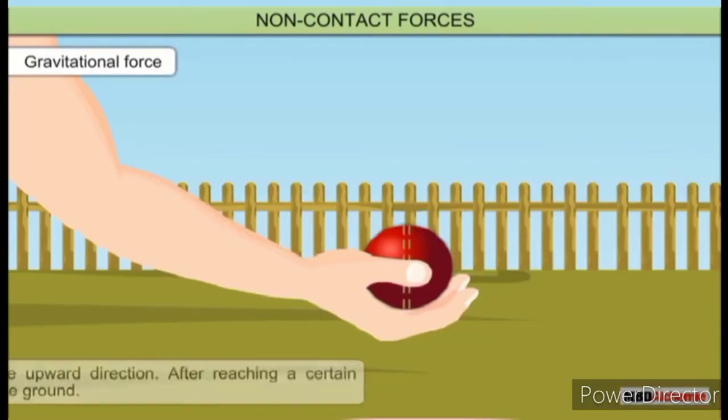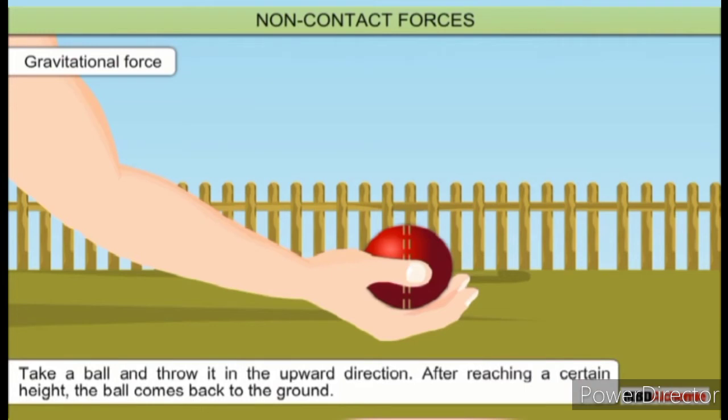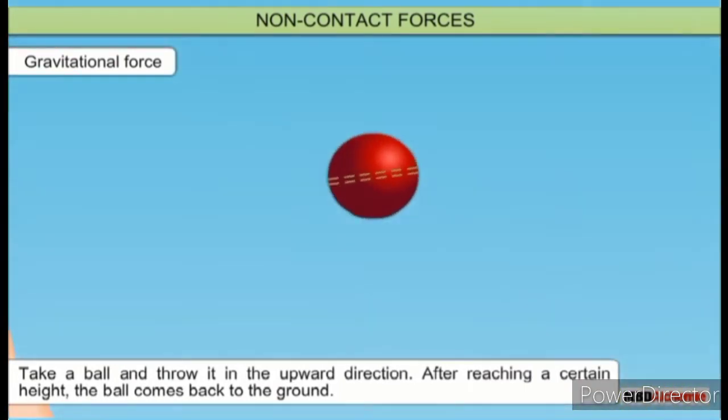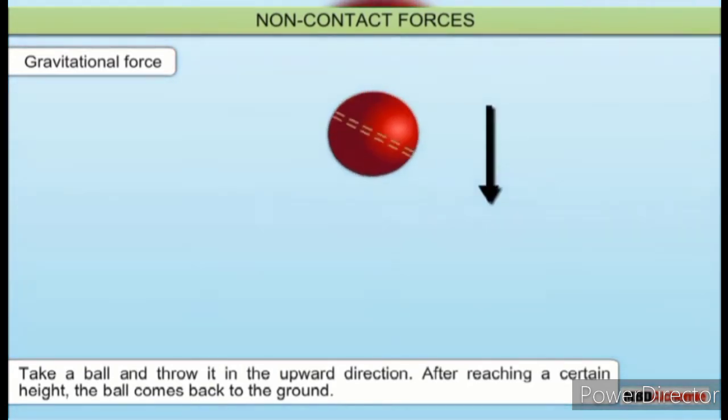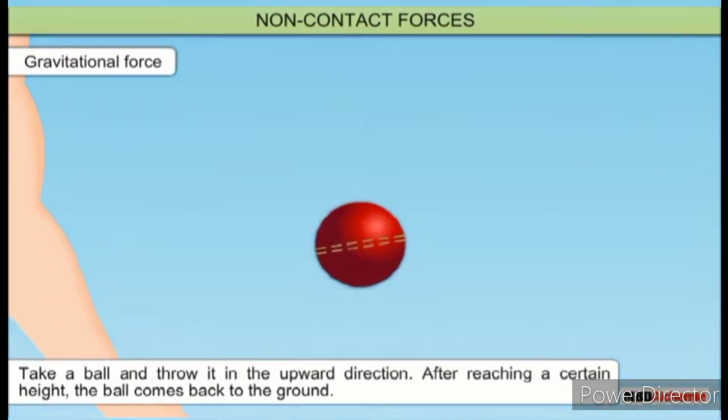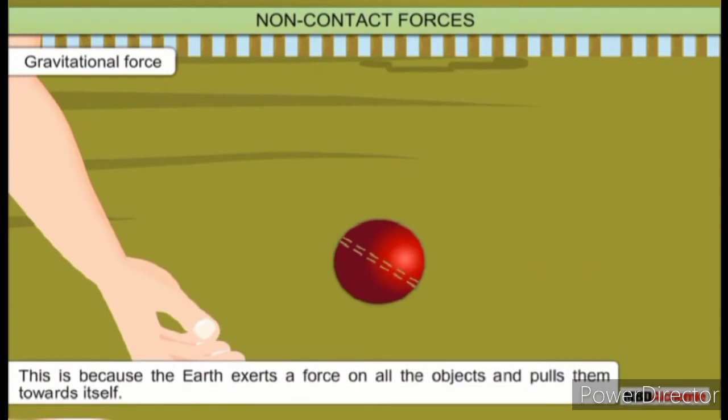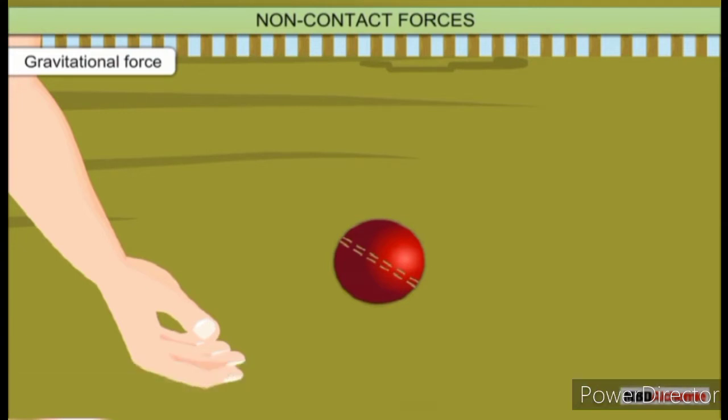Gravitational force. Take a ball and throw it in the upward direction. After reaching a certain height, the ball comes back to the ground. This is because the earth exerts a force on all the objects and pulls them towards itself.